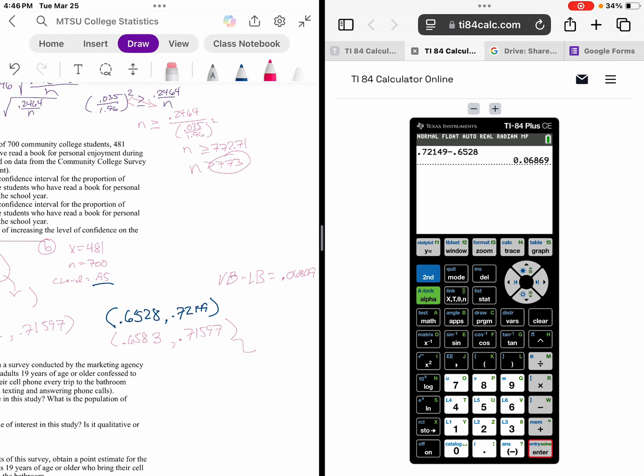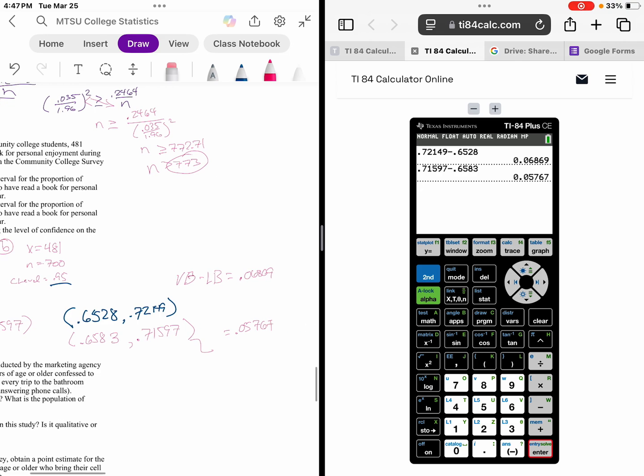When I do the next one, 0.71597 minus 0.6583, I get 0.05767. So we actually made the interval wider by increasing the confidence level.